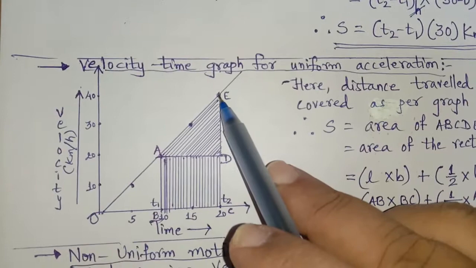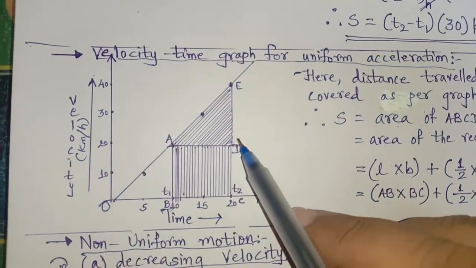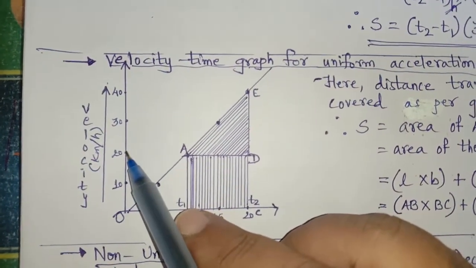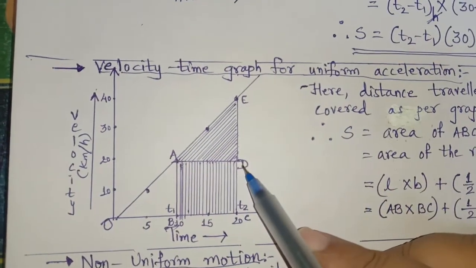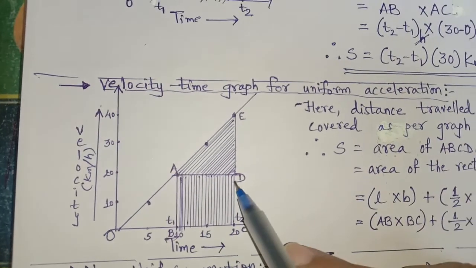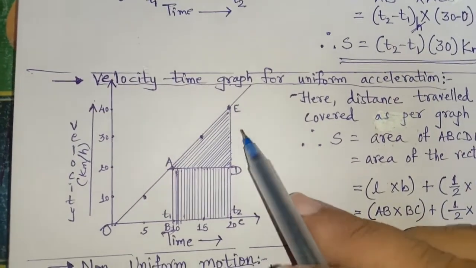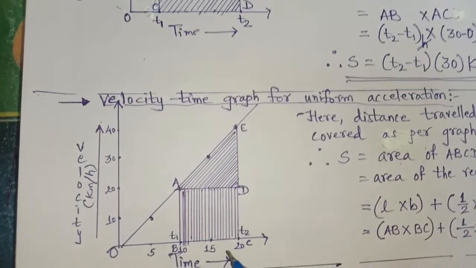If you extrapolate this up to here, this will be the final velocity, and if you extrapolate this point here, it will be the initial velocity. So, final minus initial, upon final time minus initial time. So, V minus U upon T will give us acceleration.